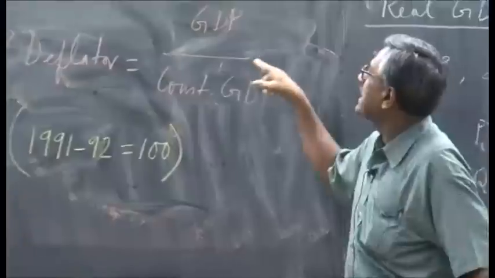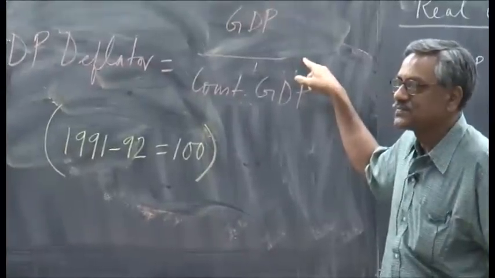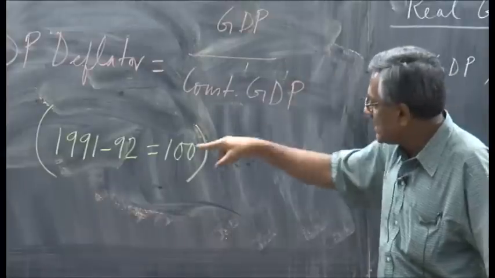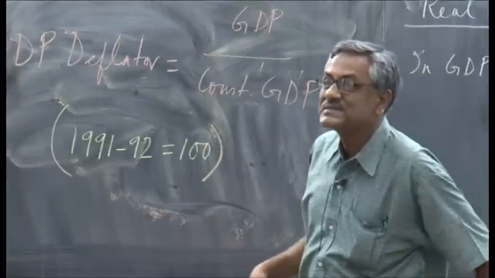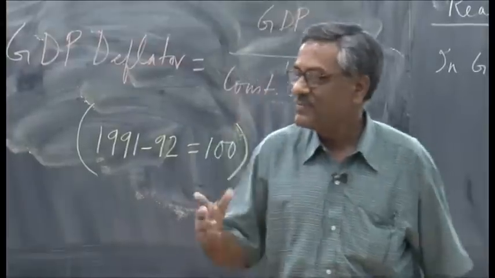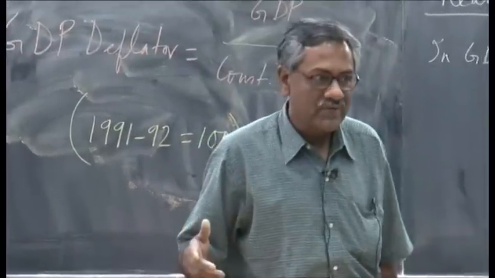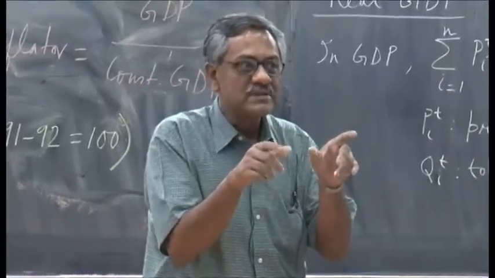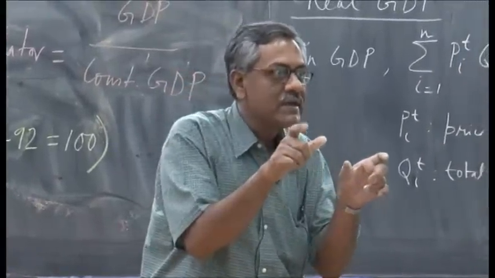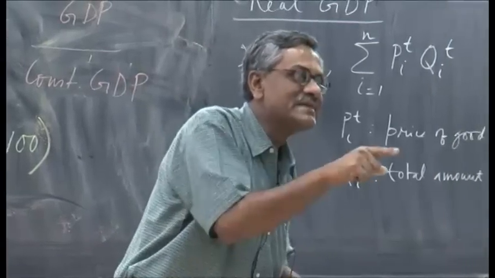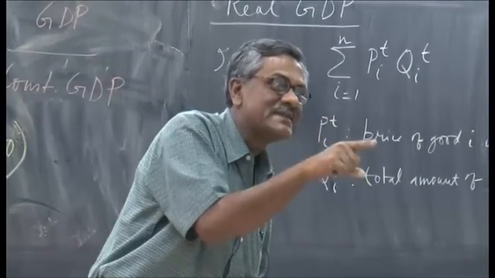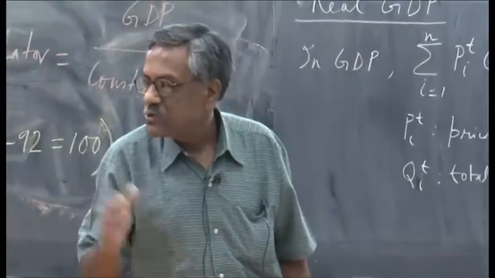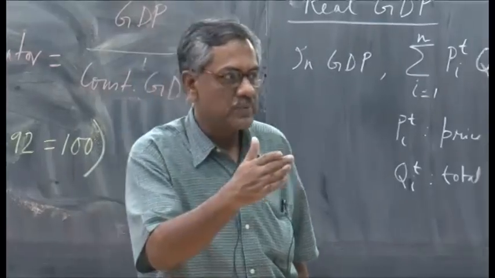All they are saying is that I express this in percentage terms, by multiplying with 100. And therefore the 91-92 base period price ratio, 1, becomes 100 when you multiply it by 100. This is how they write. In brackets you will see some year mentioned, equal to 100. What it means is that that year's prices have been used as the base period prices. You can check that with business magazines, newspapers, anywhere.